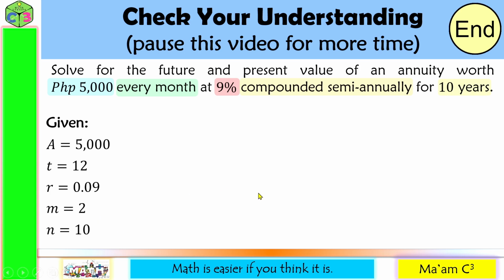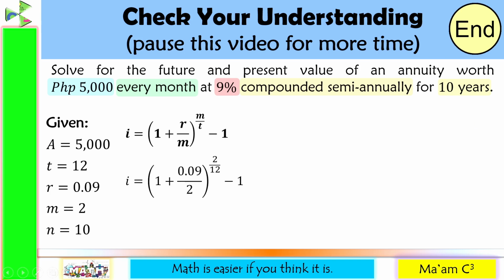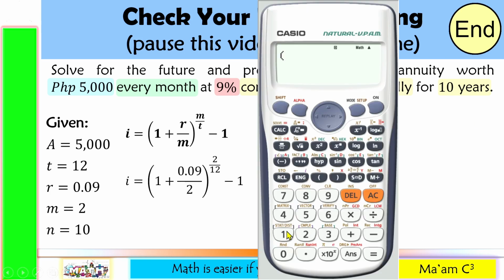Let us solve for the value of i, substituting the values here. Let us calculate: open parenthesis, 1 plus fraction bar, 0.09, cursor down, 2, cursor to the right, close parenthesis, exponent in fraction form. We have 2, the denominator is 12.